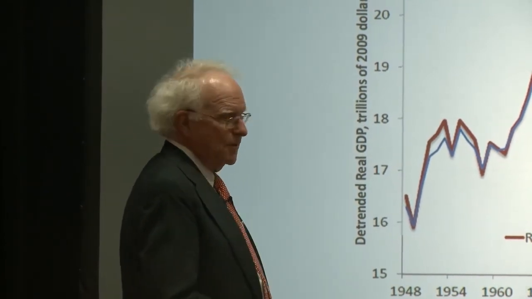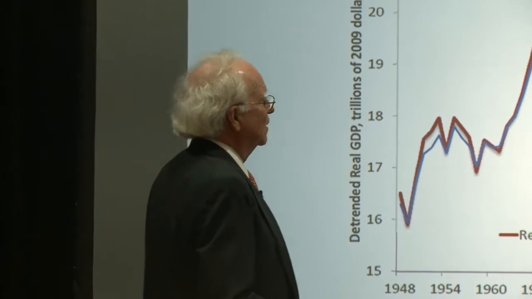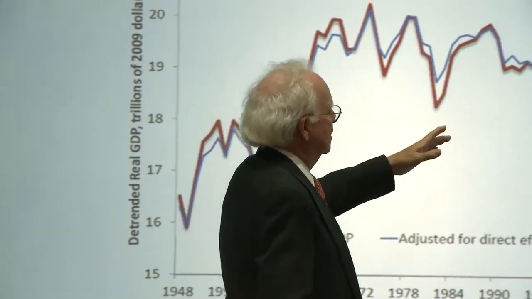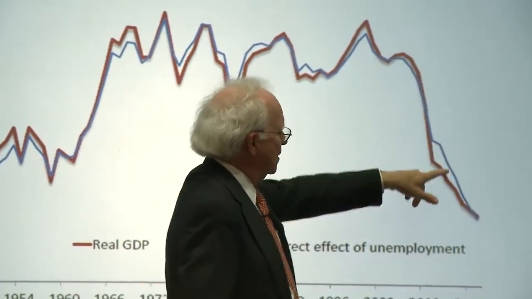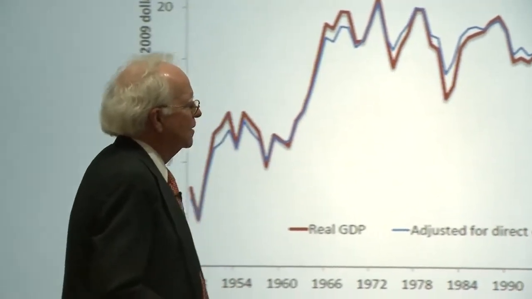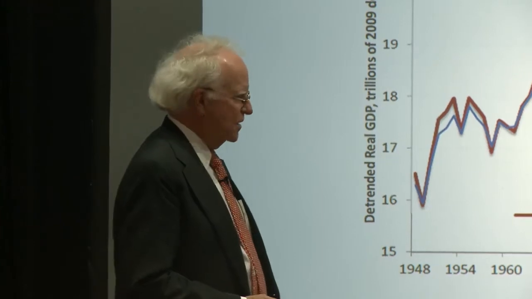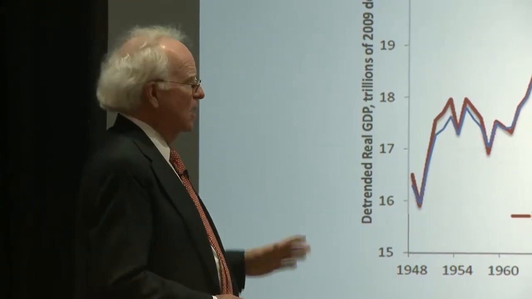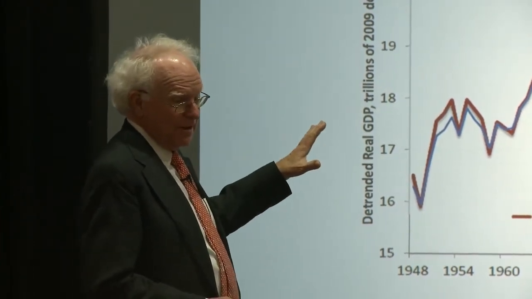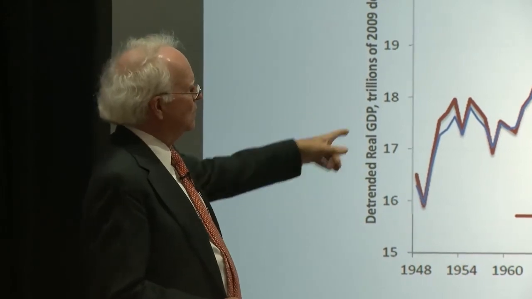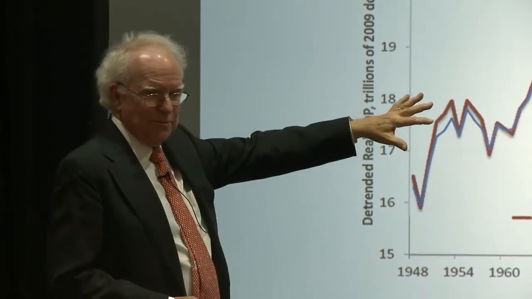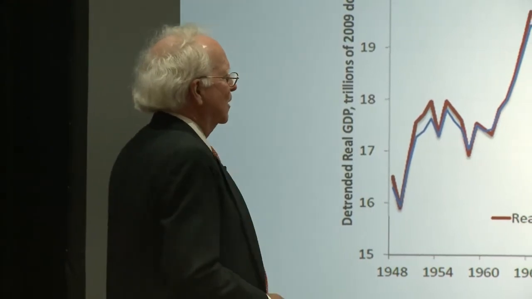And there was a lot of belief that the main thing to look at is unemployment. Nonetheless, of course, unemployment can be important, and you can see that the adjustment is particularly large during the period right after the crisis. So it's not to say that it isn't an important phenomenon. It's to say there's lots of other important phenomena that need to be brought in if you want to understand the movements of real GDP.